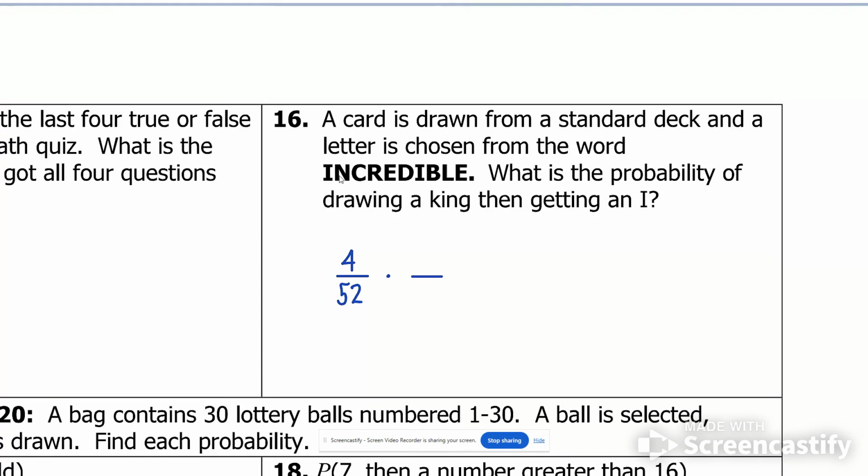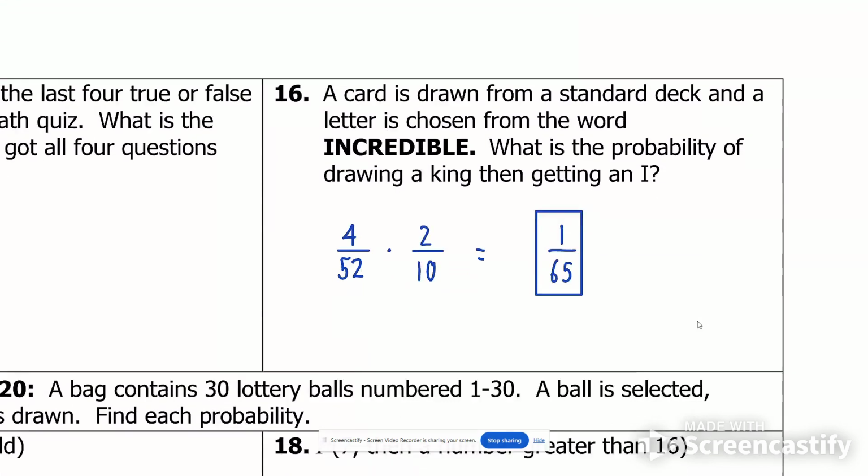Now again, that has 1, 2, 3, 4, 5, 6, 7, 8, 9, 10 letters. And how many are I's? You got 1, 2. You got 2. 2 out of 10. So that's 4 over 52 times 2 over 10. If you type that in your calculator using your alpha y equal key, it'll simplify it for you, and it simplifies this one down to 1 over 65.